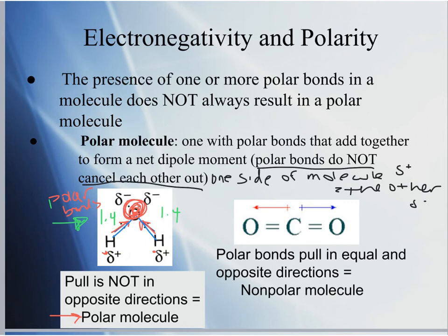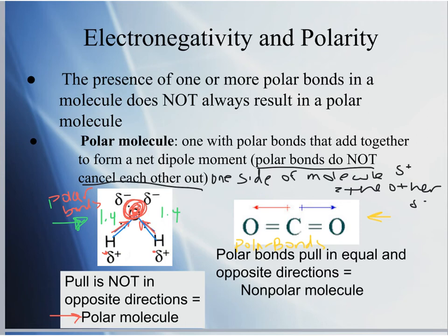Now, the second picture here is carbon dioxide. And if we take a look at the polarity difference of the bonds between carbon and oxygen, we're going to find again that these guys are polar bonds. Polar bonds mean that oxygen, in this case, is pulling harder on the electrons and not sharing fairly compared to carbon.